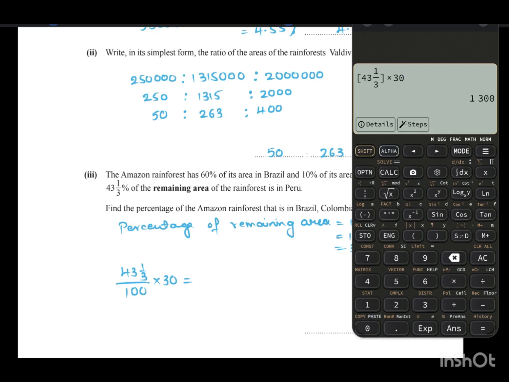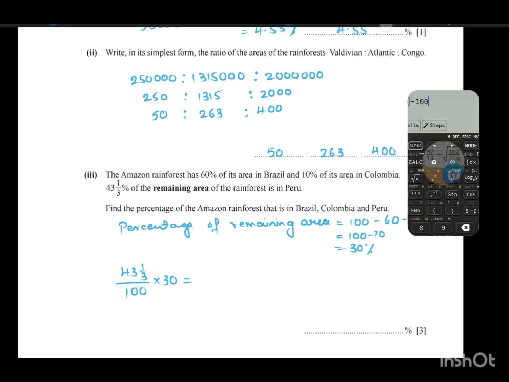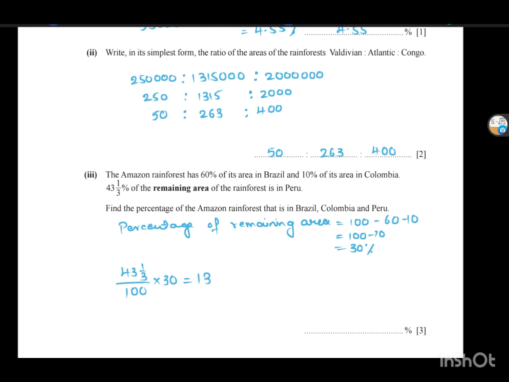I get 1300. Then you have to divide with 100. So I get 13. So this is 13. Now 13% is the area of rainforest in Peru.